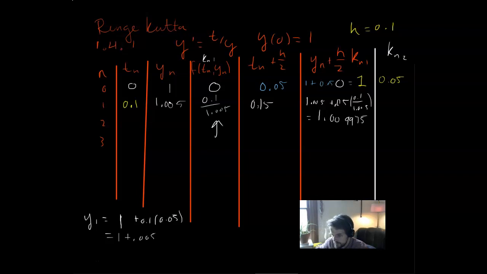It says, hey, out here the slope is not exactly what it was before, but out here the slope is actually closer to 0.1485, etc. So we say, great, thanks for that information. We're going to use that.